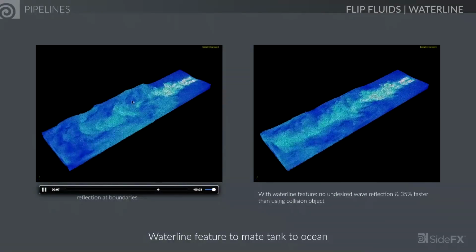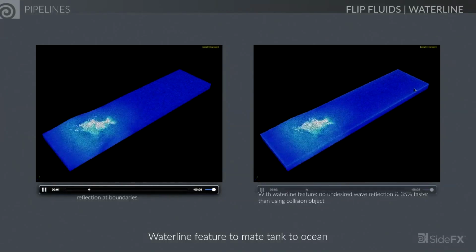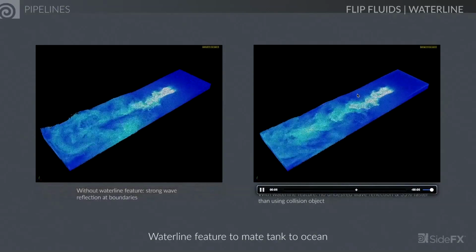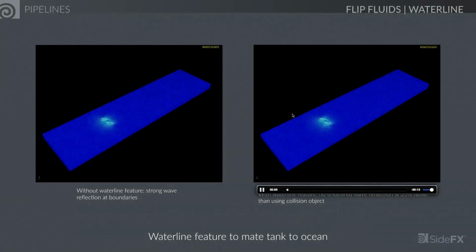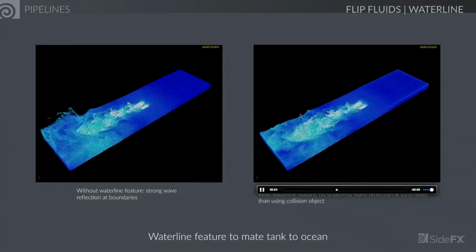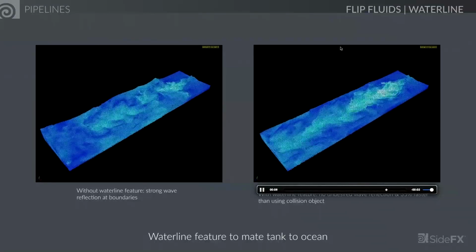So you can see here on the left, it looks like the water is reflecting off a wall. On the right-hand side, though, what we've done is we've added a waterline at the 0 level, or whatever level you want the waterline to be at. And what happens is the water will now slosh over that waterline. So in this particular case, there's a flat waterline around this object.